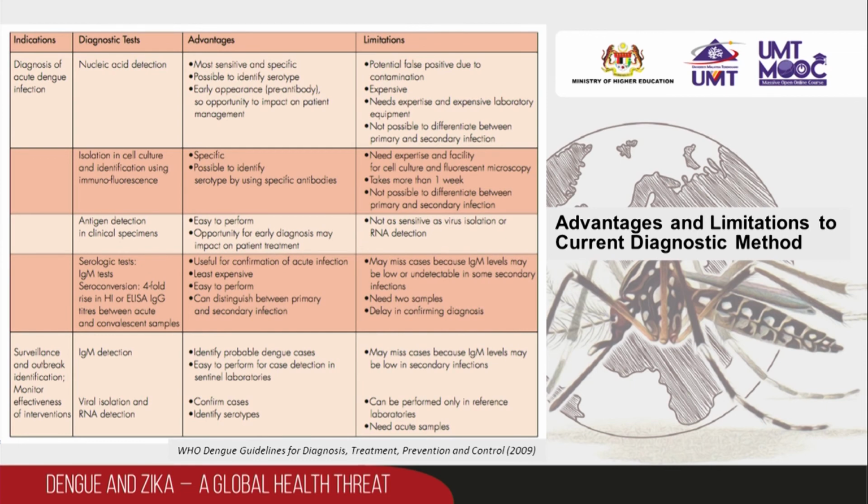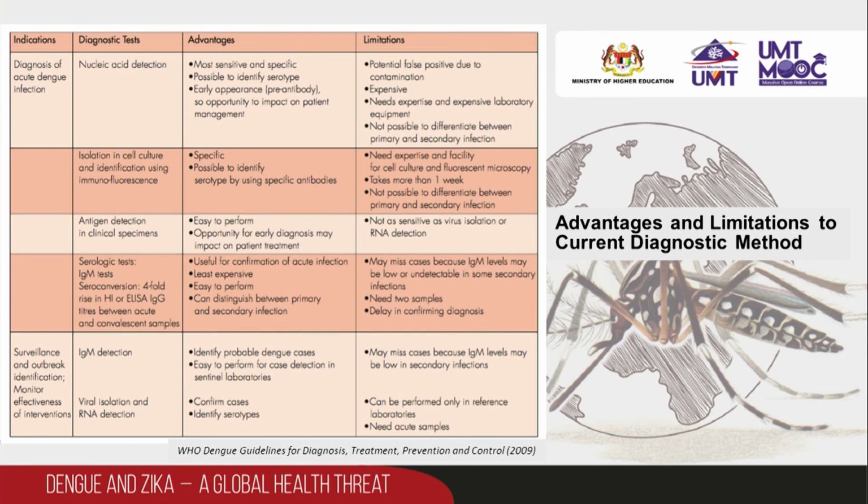After you have learned about some basic principles in laboratory diagnosis for dengue and Zika infection, let's see about the advantages and limitations of each of the diagnostic methods for each purpose. As seen on the table, each of the available methods comes with various advantages and limitations.